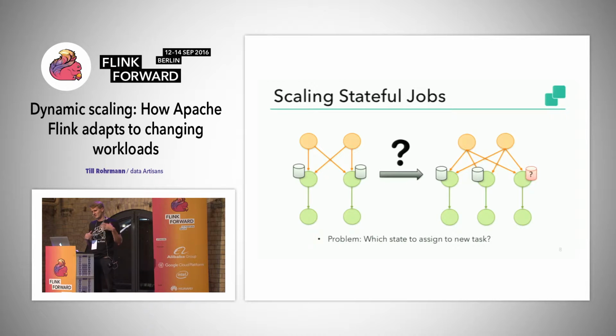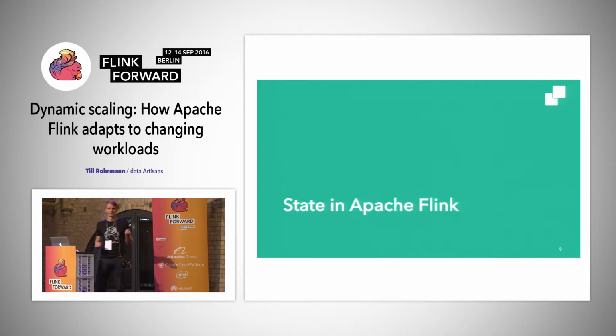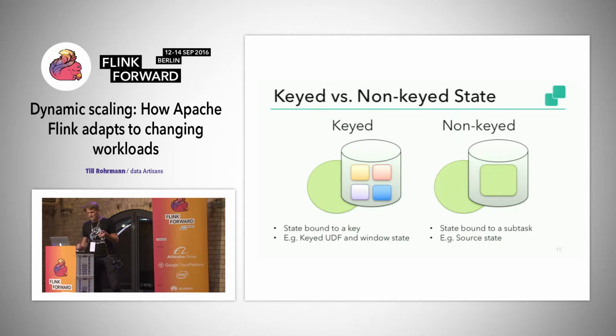So that's actually the question we have to answer before we are able to scale jobs. But before we look into how we do that, I just want to quickly talk about the different notions of state in Flink. Because when we talk about state, we actually distinguish between 2 types of states in Flink.